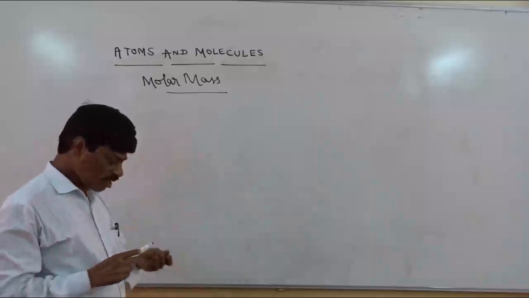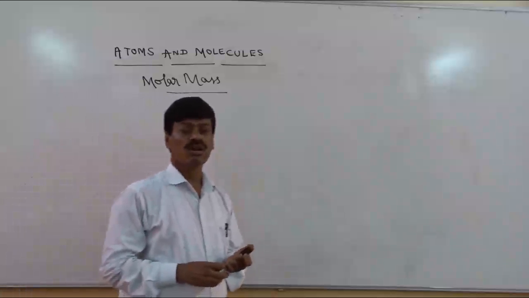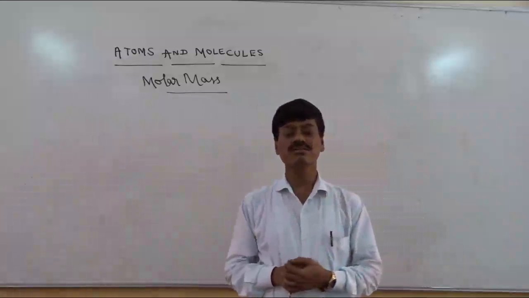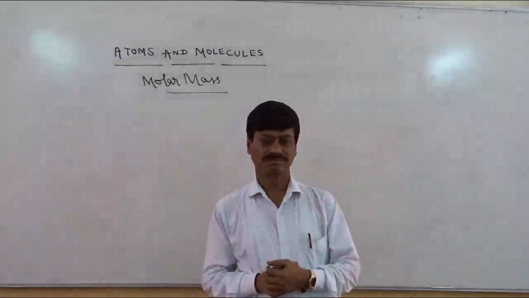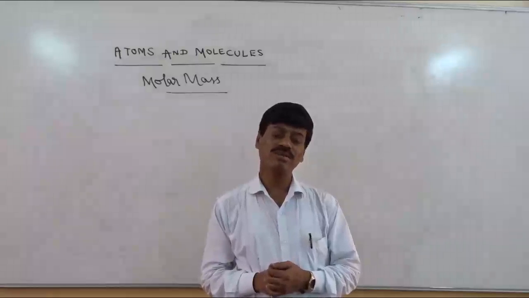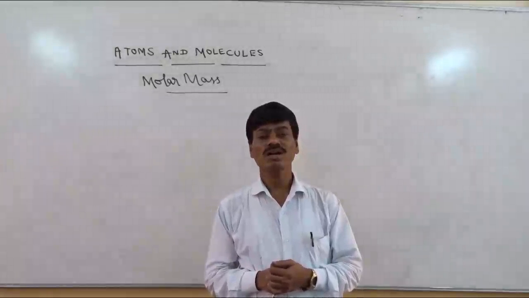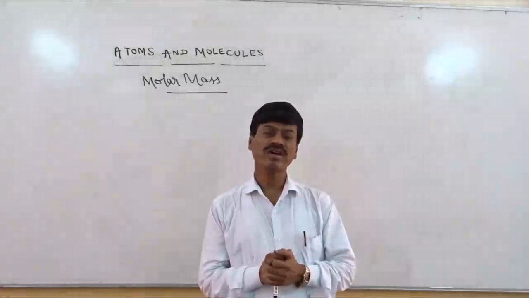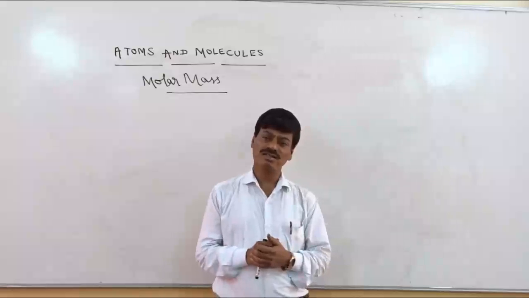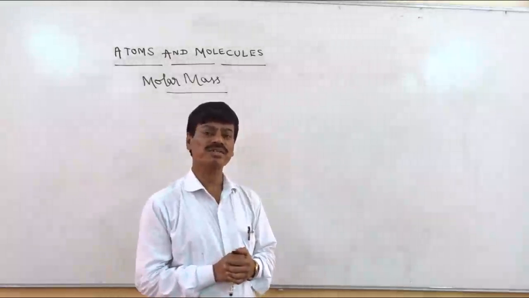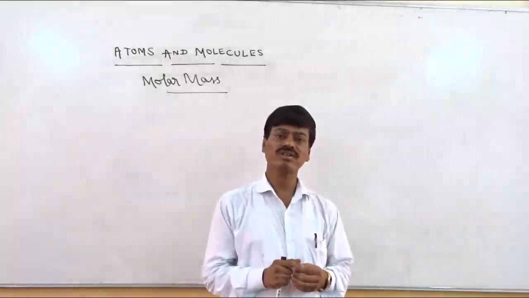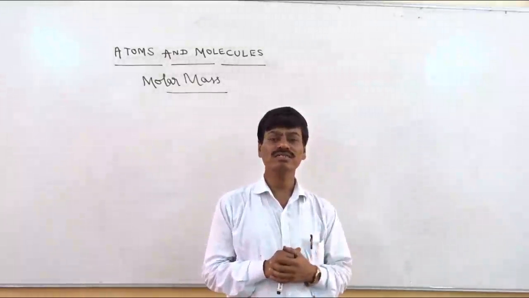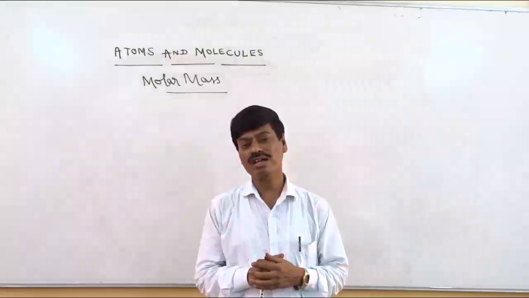Molar mass. Now let us see what is meant by molar mass. When atomic mass is expressed in terms of grams, then it is said to be gram atomic mass or molar mass of the element. Same way, when the molecular mass of the element or compound is expressed in terms of grams, it is said to be gram molecular mass of the element or gram molecular mass of the compound.